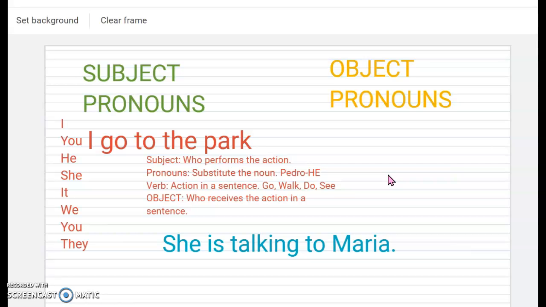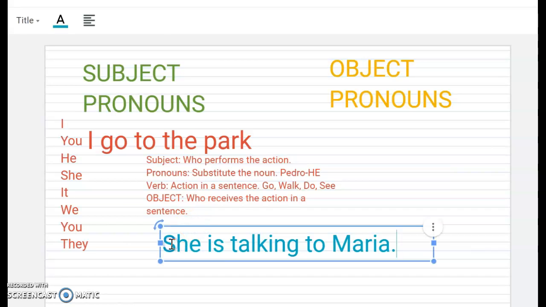Who knows? Who is the subject? Who is doing the action? She. She is doing the action. Exactly. So she is the subject because she is the one doing.